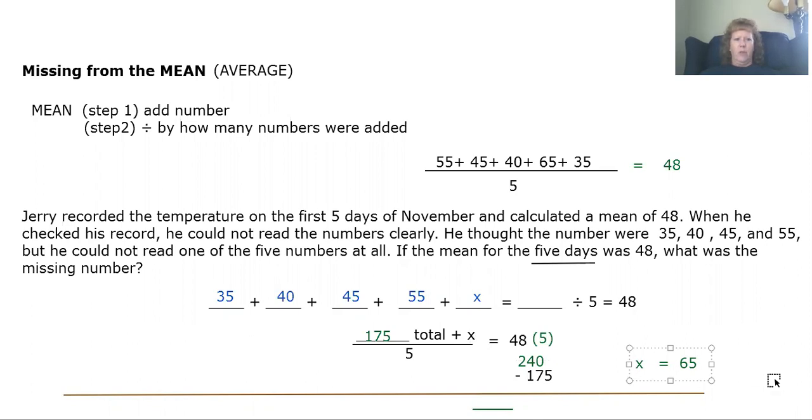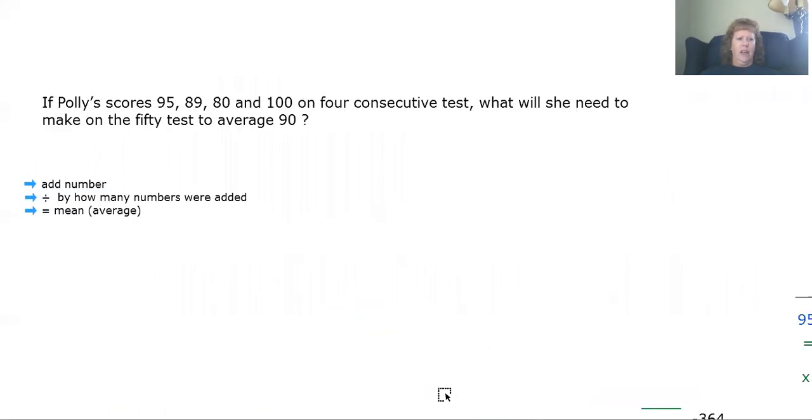So let's look at another one of those. If Polly scores 95, 89, 80, and 100 on 4 consecutive tests, what will she need to make on the 5th test for an average of 90? So here I've made a little note of the steps that it takes to find the mean or average. You add the numbers, divide by how many numbers you added, and that equals the mean.